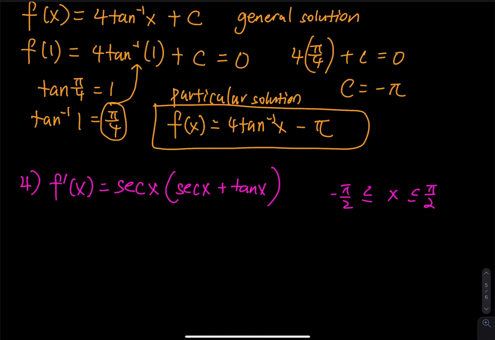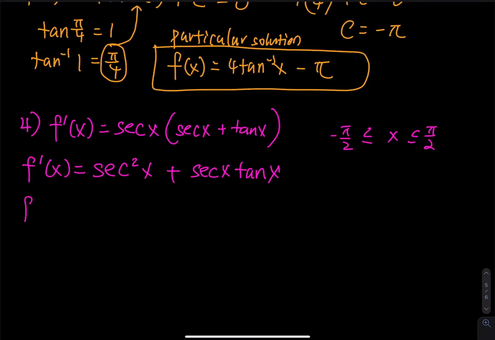Okay, let's do the distribution. F prime of x is equal to secant squared x plus secant x times tangent x. And then for f of x, you can look up the formula right now: the derivative of tangent x is equal to secant squared, and the derivative of secant x is equal to secant times tangent.